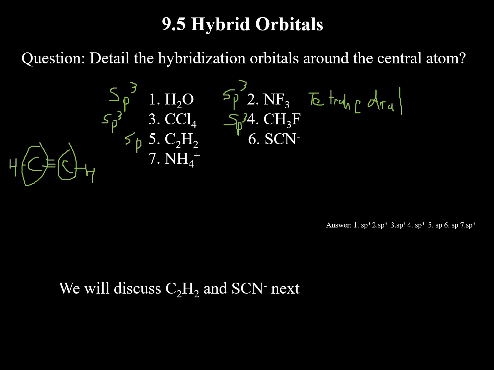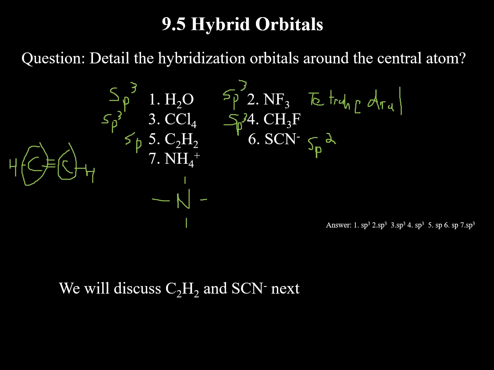For SCN- and NH4+, for the SCN-, if we focus on the central atom, it's going to be sp as well because they're linear. The carbon is linear. And for the NH4+, it has 4 bonds, 4 groups attached, tetrahedral in terms of electron domain.